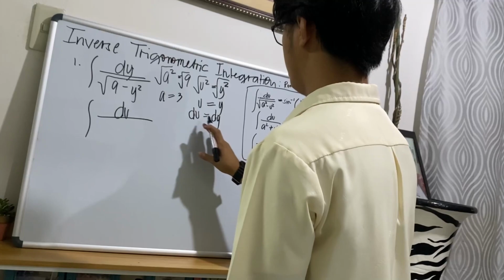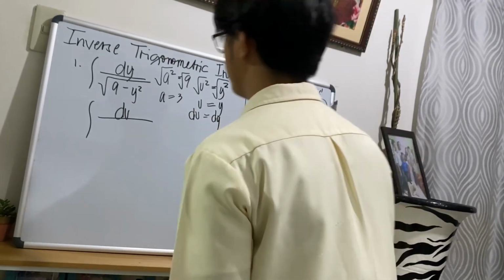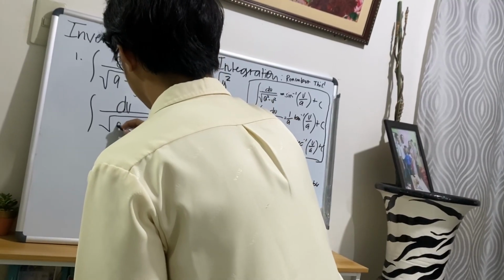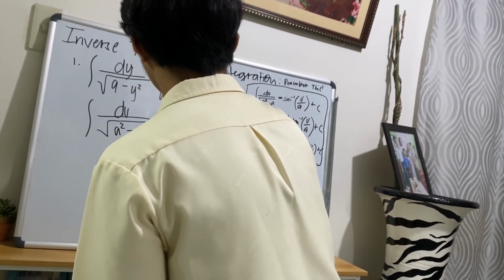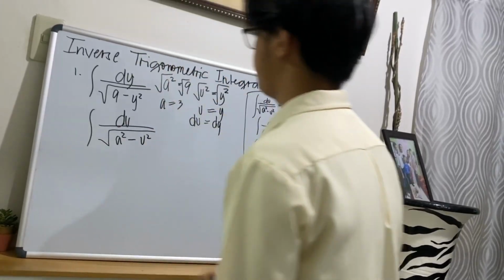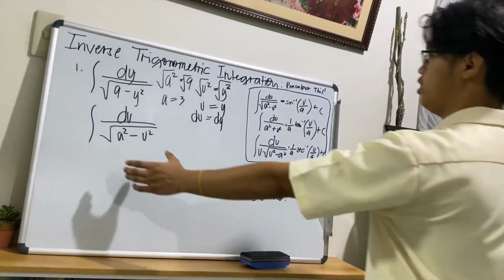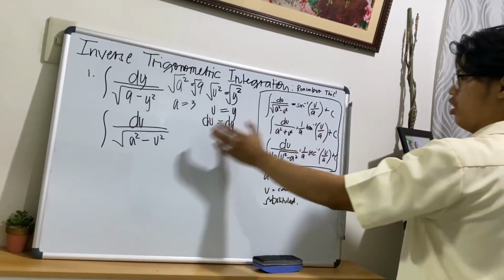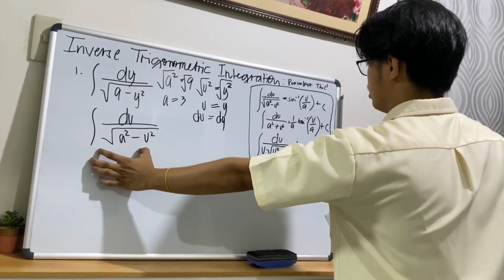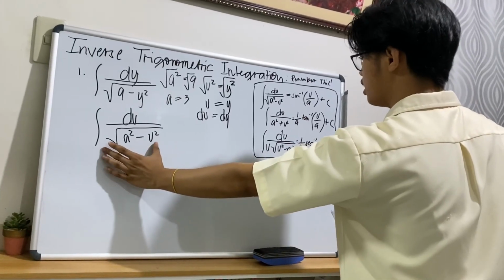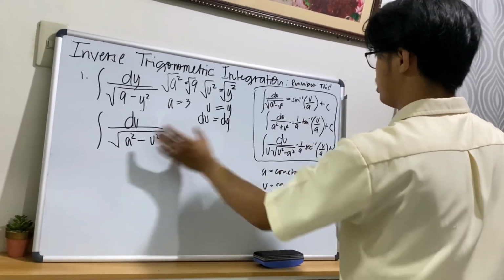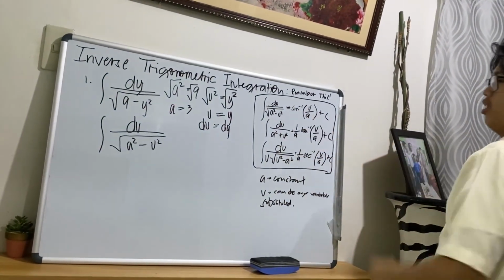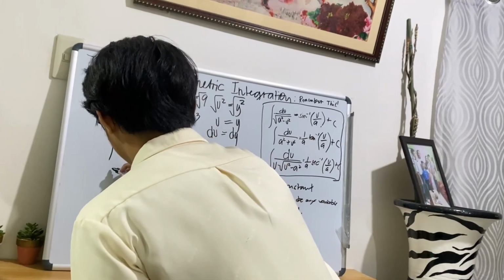Now we know that our dy is equal to du, so our 9 is equal to a squared and our y squared is equal to u squared. So this now represents this, or this is the same as this. So we can use this formula for arc sine.